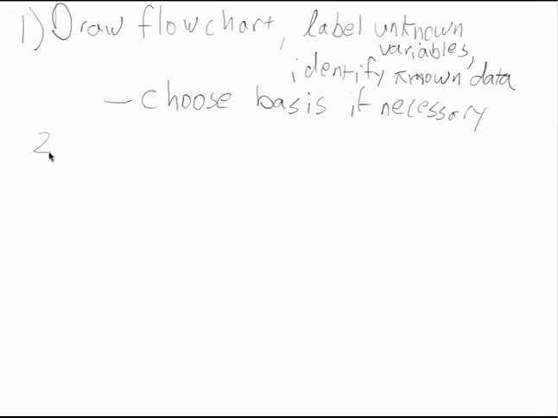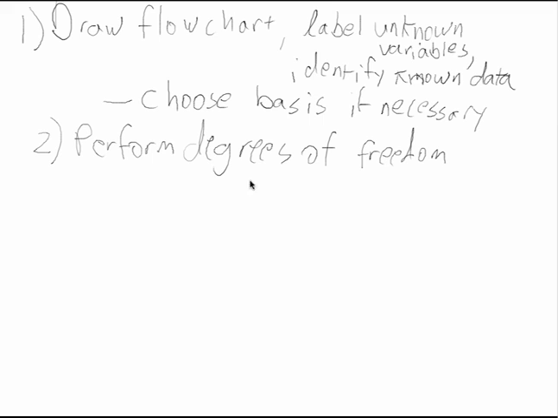Step two is to perform the degrees of freedom analysis. And the reason we do this is not because it's fun or a mathematical exercise that is just a pain in the neck that professors want to do.